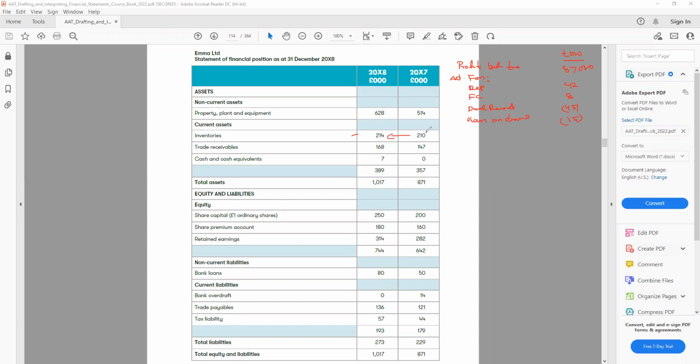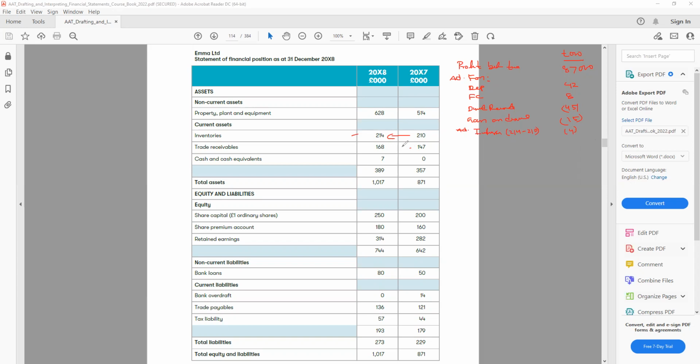That means we buy more inventory. And if we buy more inventory, that means money is going out, cash outflow. So adjustment for inventories, that is 214 minus 210. That will give us 4. The 4 will be outflow because if I buy more inventory, more cash is going.